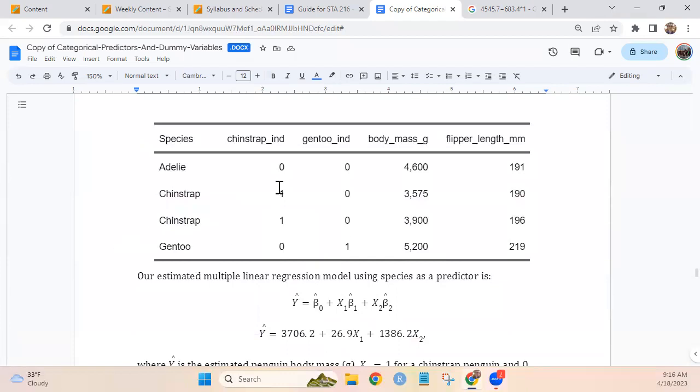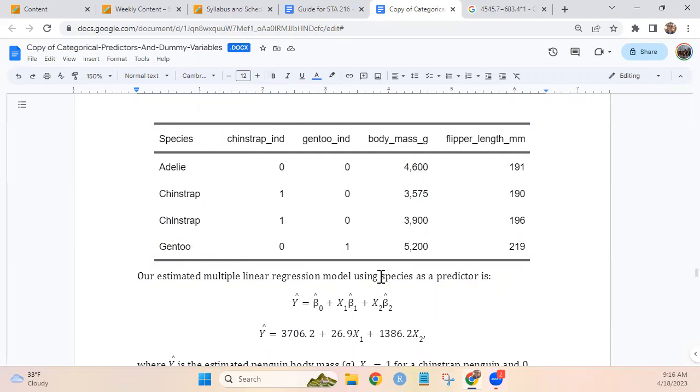And here's how the data looks. We never actually see this step because when you code it up in SAS or R, you just give the categorical predictor. And what happens is the software underneath, it doesn't show you, creates dummy variables for you and then fits a linear regression for those. But here's what it looks like underneath.